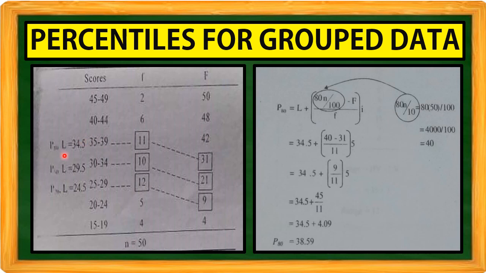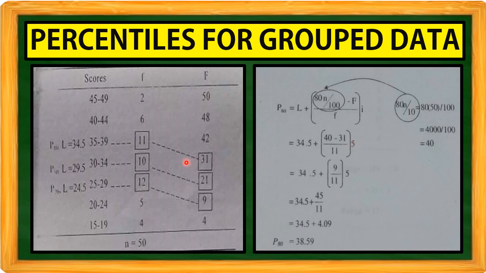So 35 to 39. 35 minus 0.5 is 34.5, so 34.5. 40 minus 31, divided by 11, multiplied by the interval.